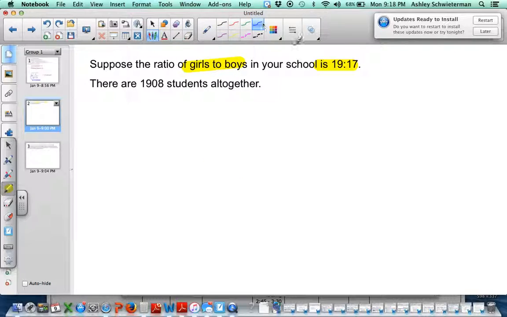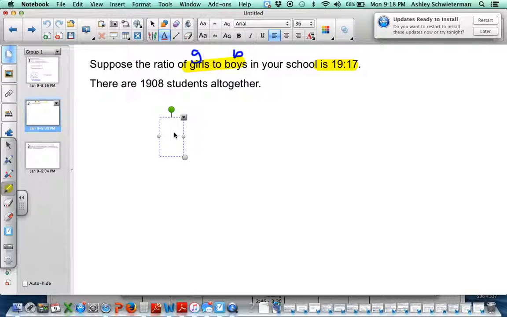So when you go to write this, I'm going to call girls G and boys B. I am going to write G over B, and that's going to be equal to 19 over 17.